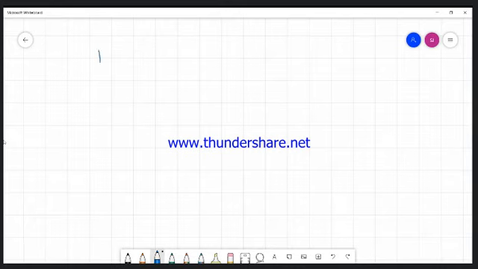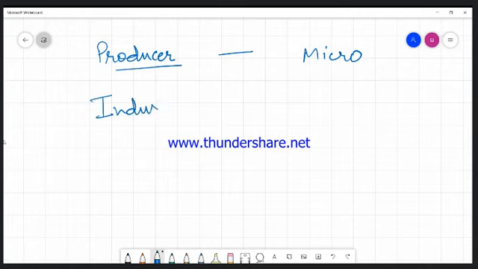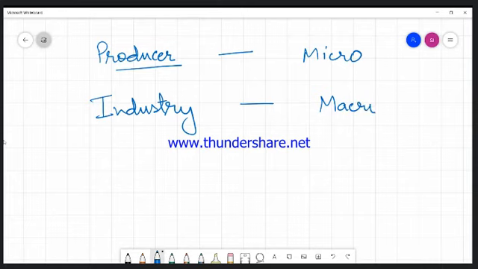So if you are talking about a producer, again it is micro. But you are talking about industry, so definitely it is macro. Okay, ma'am. Now, as someone is writing, you take the students of section Z or you take the students of the whole Allahabad University. Both are macro because your subject unit is not single.